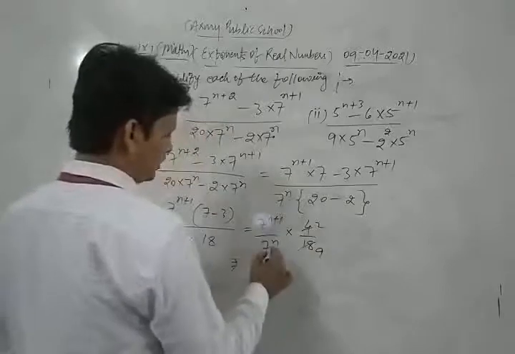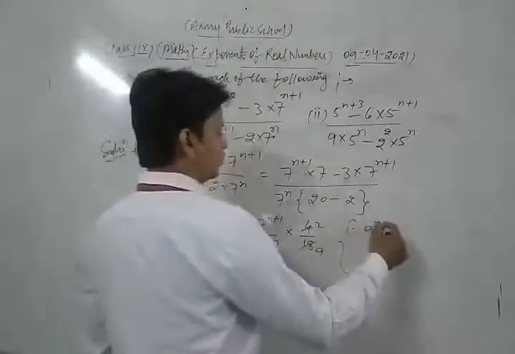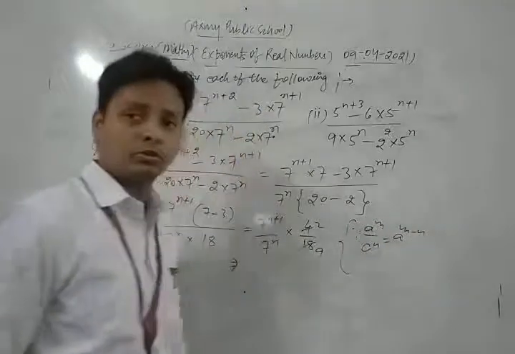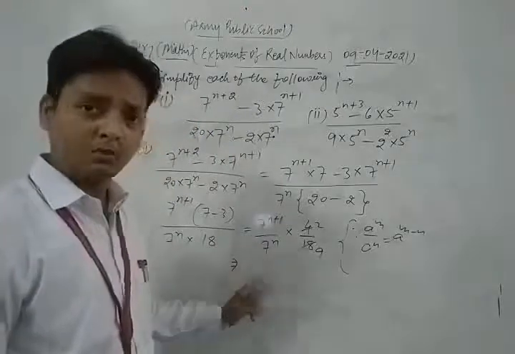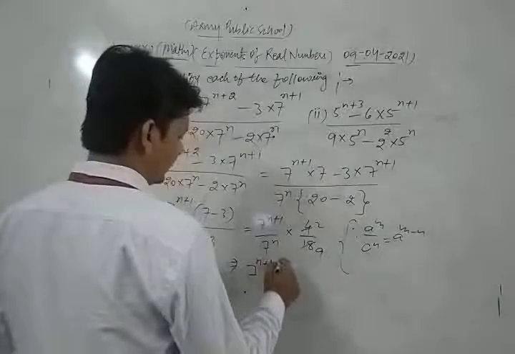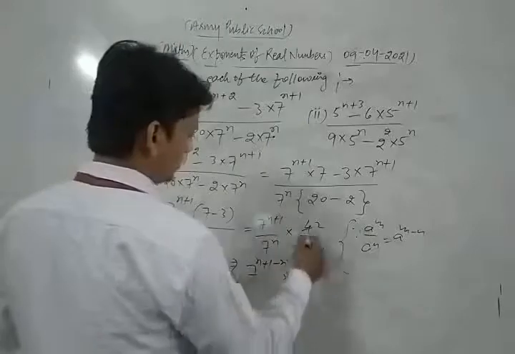Now here we apply the laws of exponent, and you know that a to the power m upon a to the power n is equal to a to the power m minus n. So in this question 7 is the same base, so we can write 7 to the power n plus 1 minus n, into 2 upon 9.